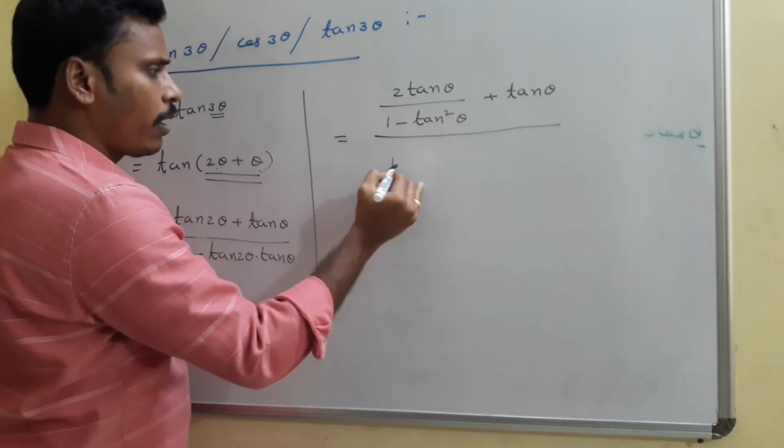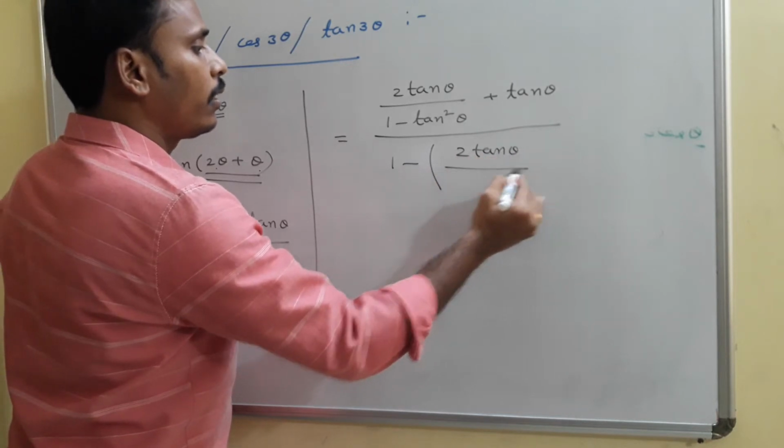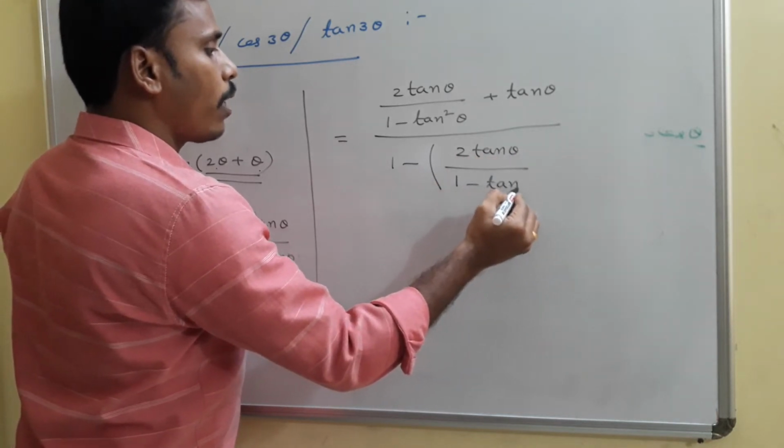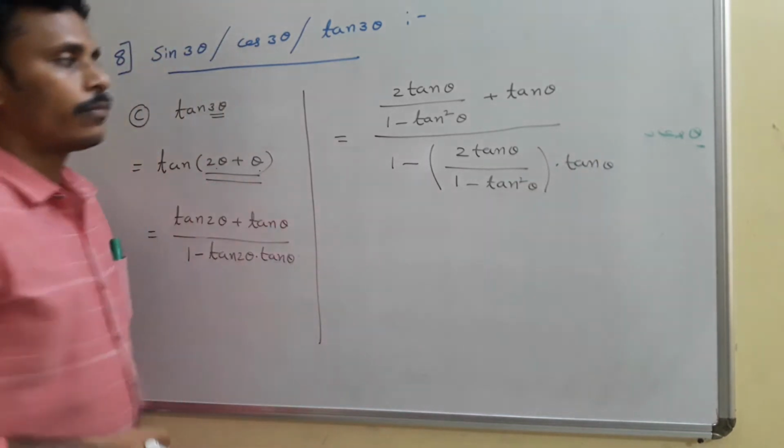You need to simplify. 1 minus, again tan 2 theta is 2 tan theta divided by 1 minus tan square theta, into tan theta. Right.